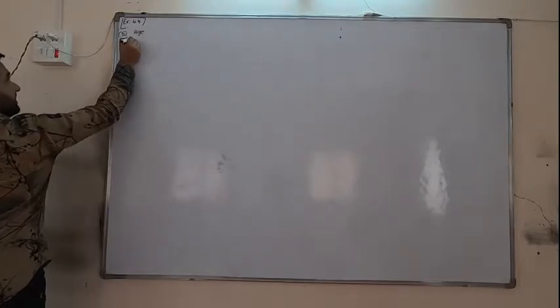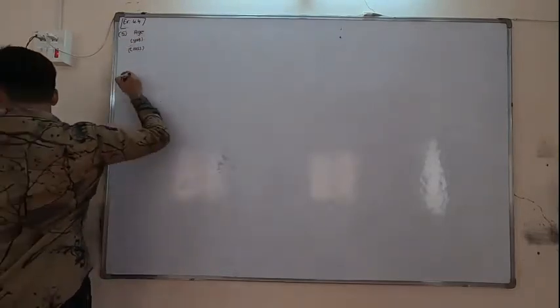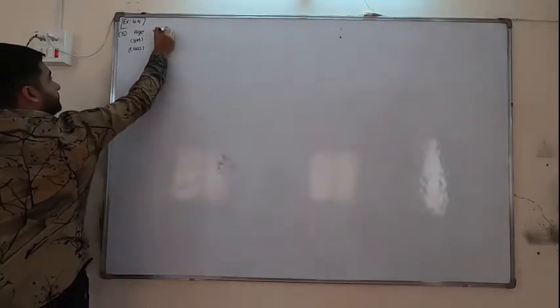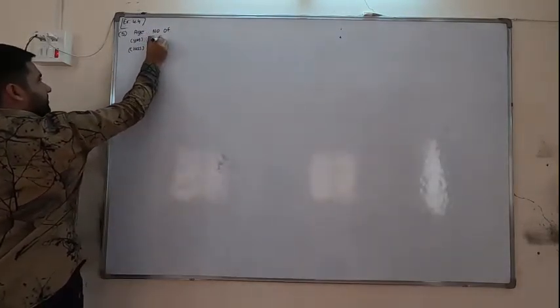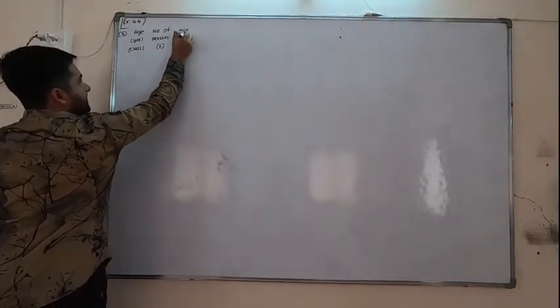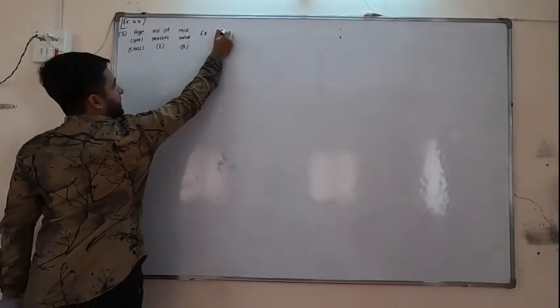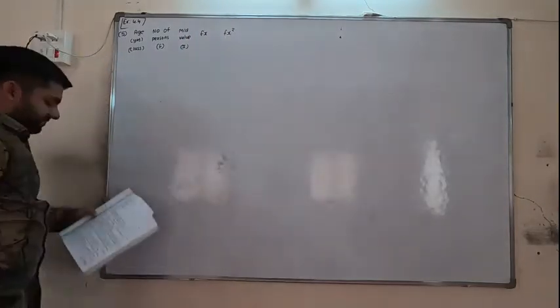First column, age in years, it is the class. Number of persons, it is the frequency f. We need mid value x, then we need fx, then we need fx square.